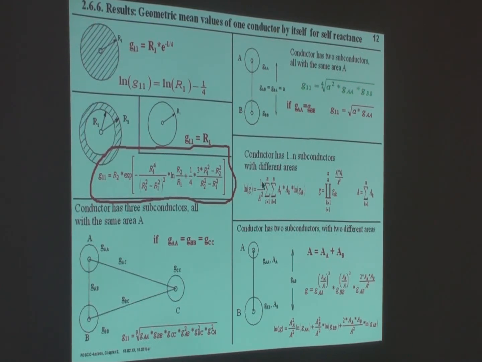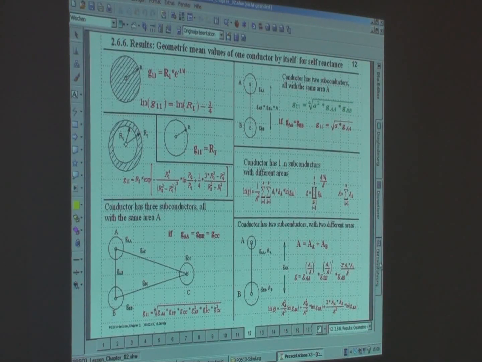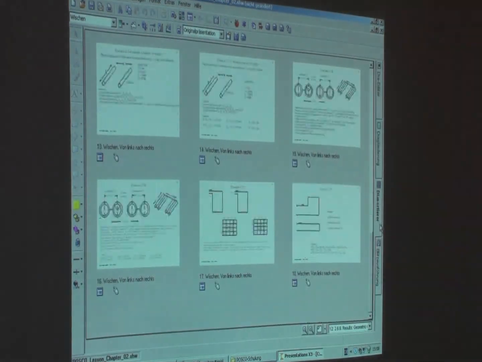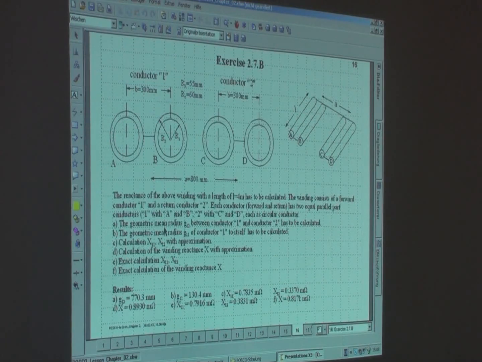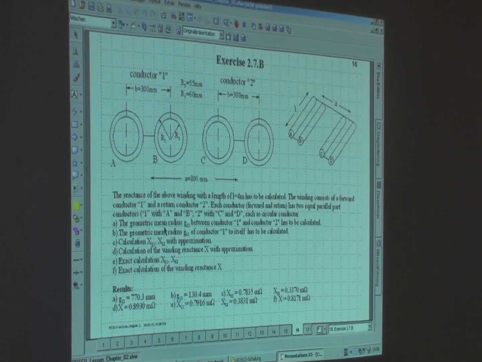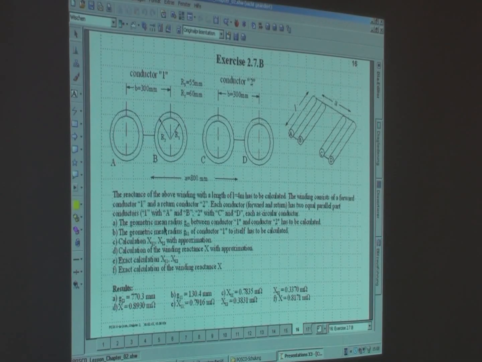Okay. Now we will get back to the exercise, what we have to do. So, now we have GAA. Now we have to calculate GAB.